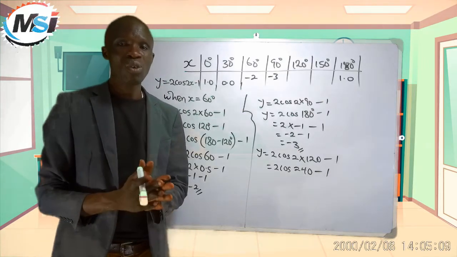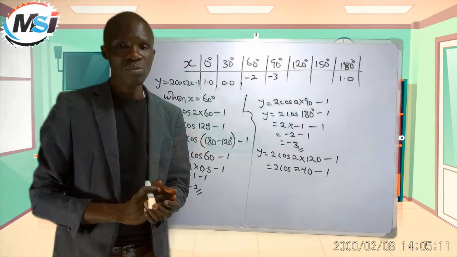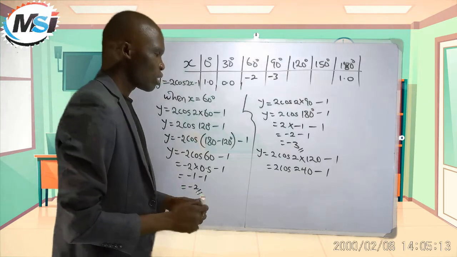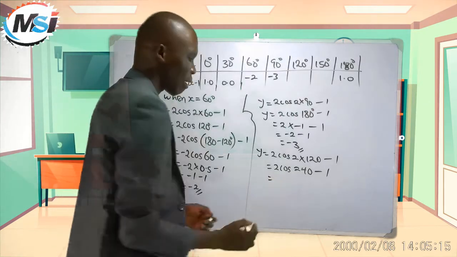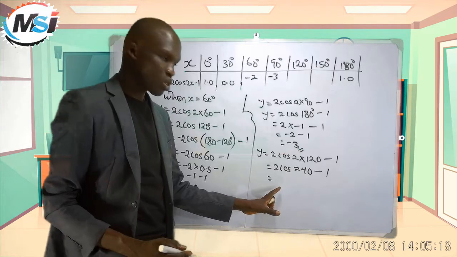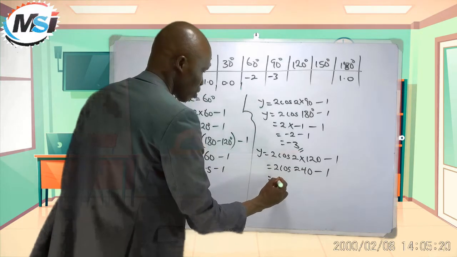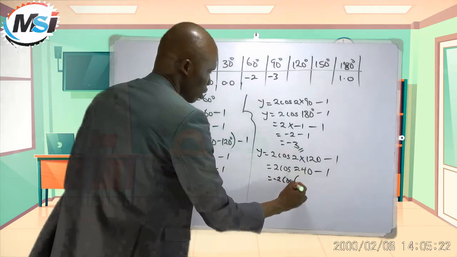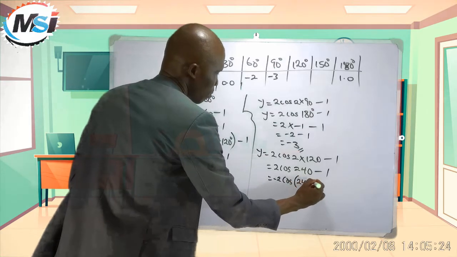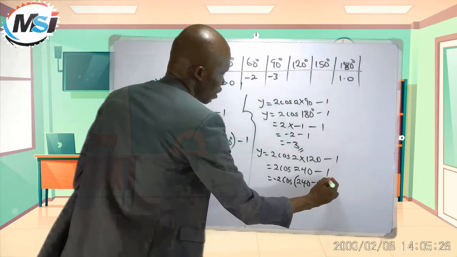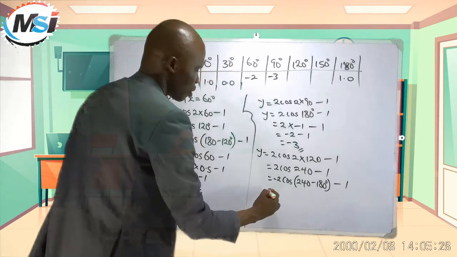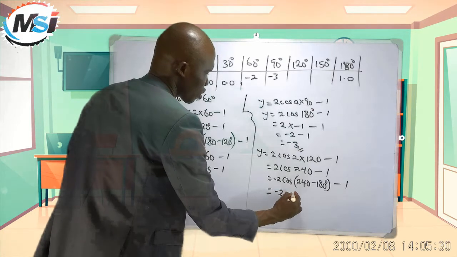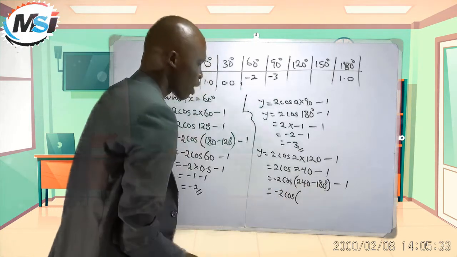So what are we going to do? This one will change to minus 2 cos 240 minus 180 minus 1.